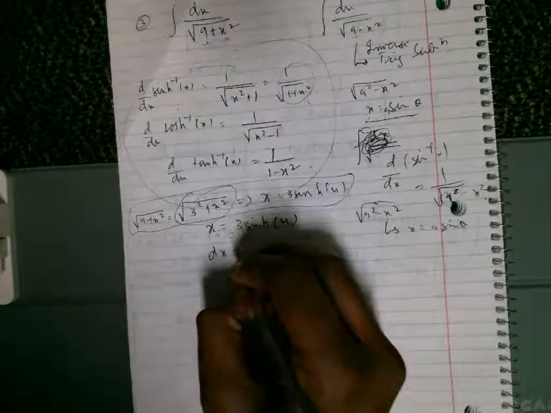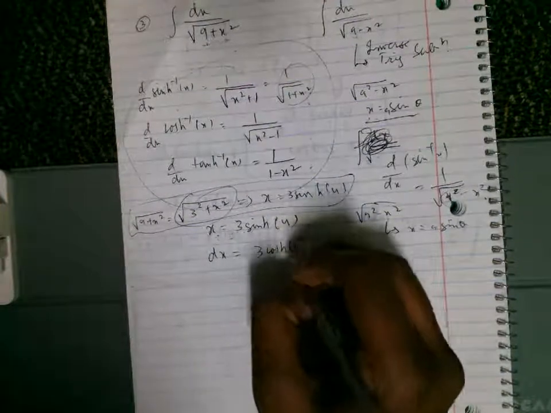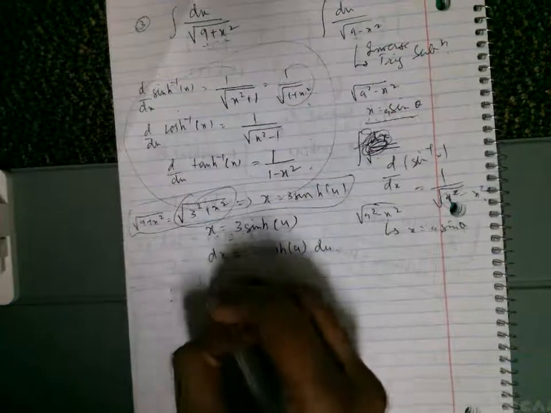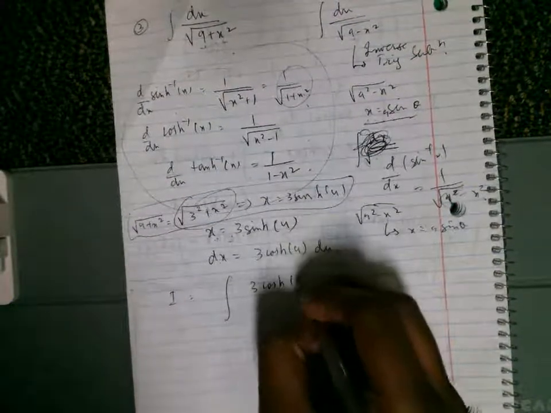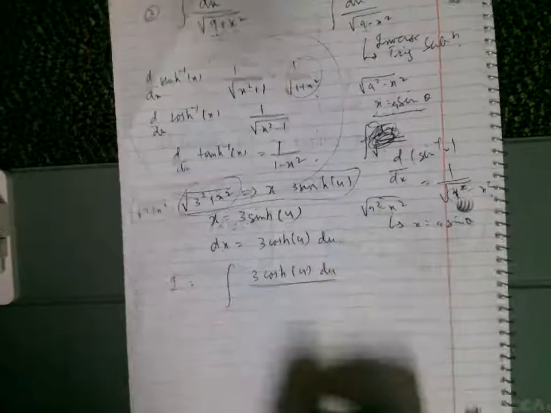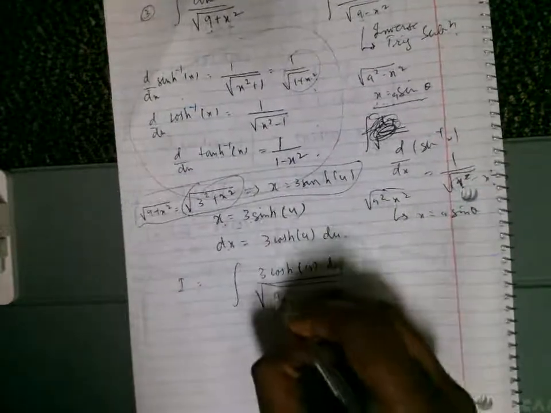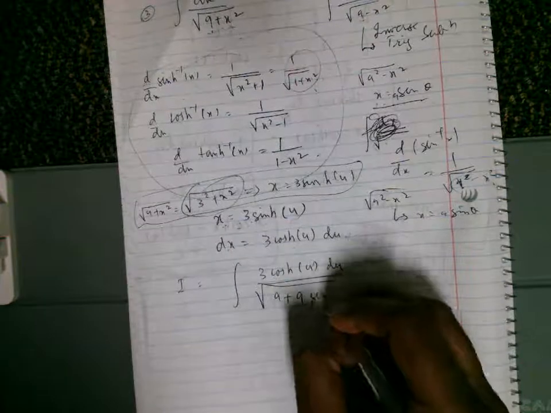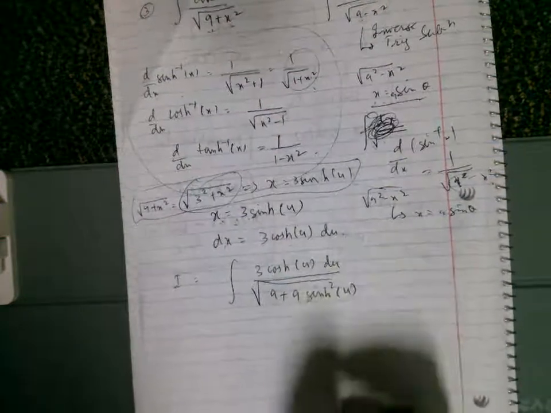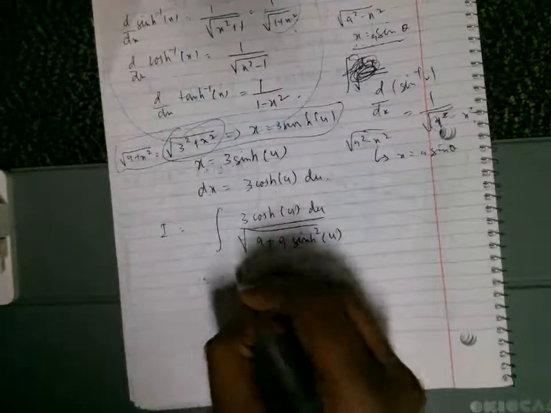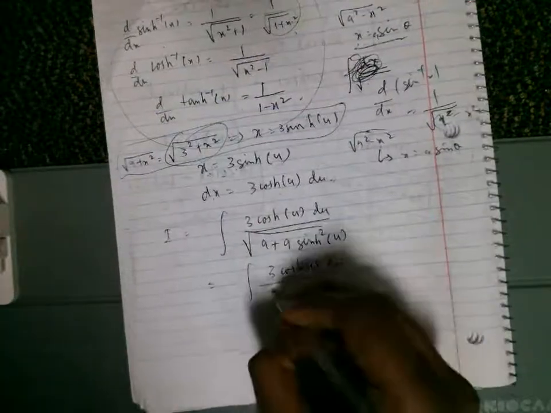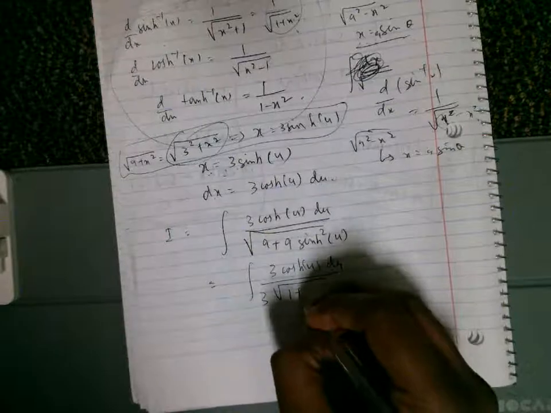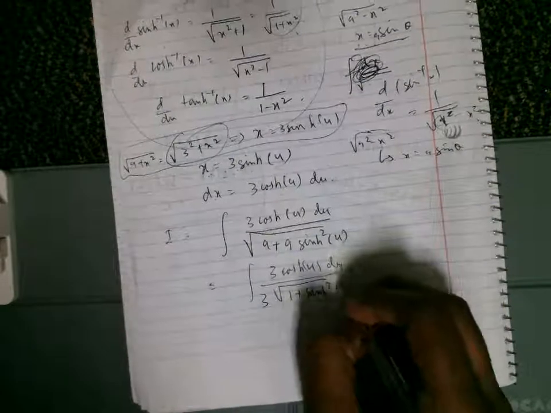Then dx becomes 3 cosh u du, and our integration has square root of 9 plus 9 sinh squared u. So this is 3 cosh u du by 3 square root of 1 plus sinh squared u.